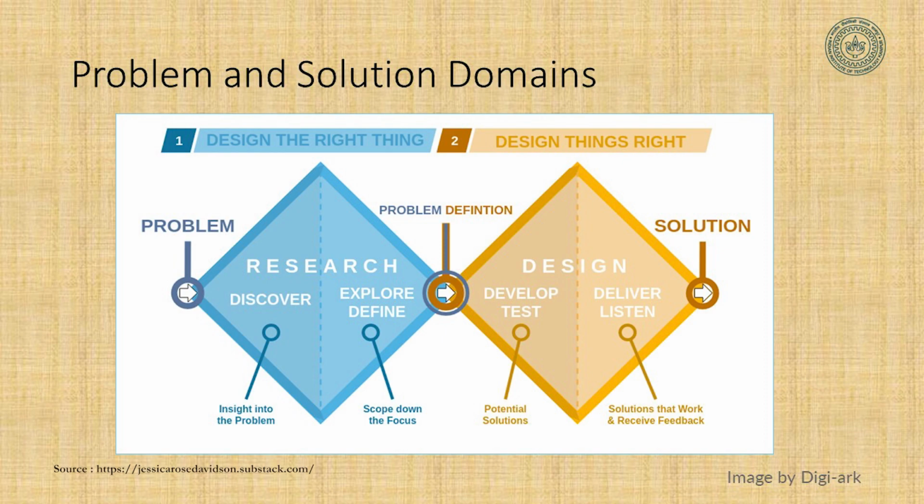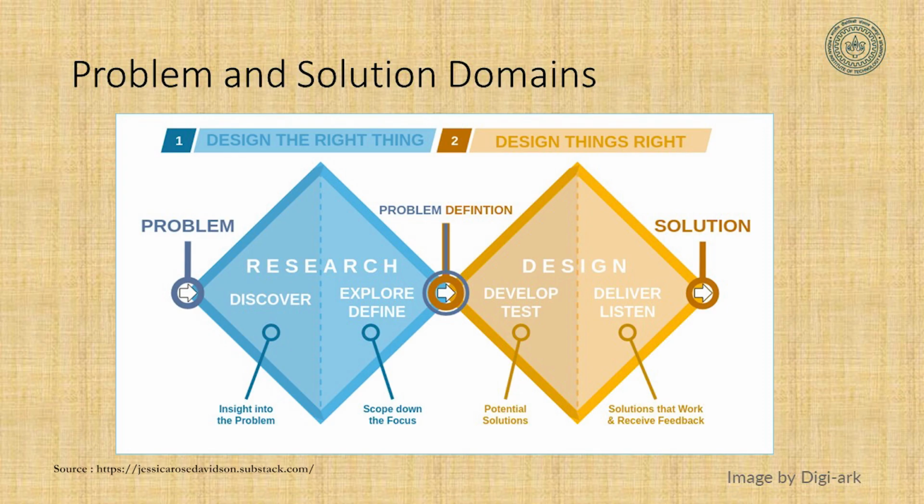As you will recollect, there are the problem and solution domains. In the problem domain, we are discovering the problem, and then we are defining the problem, and that is giving us this problem definition. Today that is what we will do.